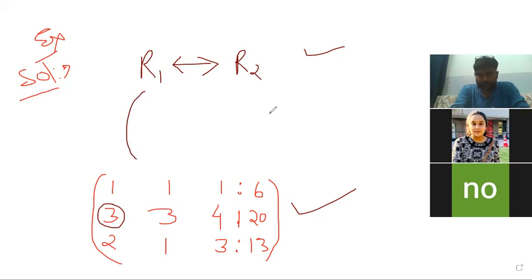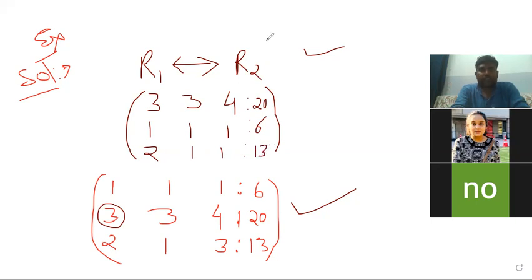First of all, I have changed this value. So R2 becomes R1 and R1 becomes R2. So it becomes 3, 3, 4, and 20. And it becomes 1, 1, 1, and 6. And there is no change in the third row. We have written directly. So it is our first action we have taken.